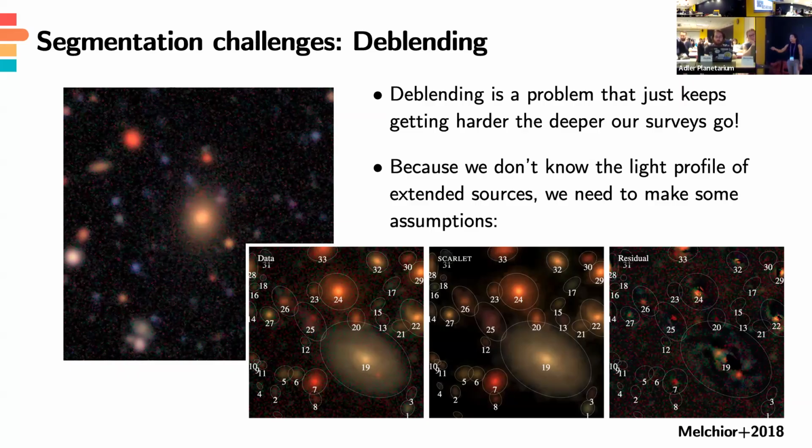And then the middle is called constrained matrix factorization, where you essentially try to say every galaxy is going to have a single color and it's going to be monotonically decreasing its surface brightness as you go out to larger radii. And you try to construct galaxy-like SEDs, so spectral energy distributions, and galaxy-like morphologies from this assumption. And then the right-hand side here is the residual between the two.